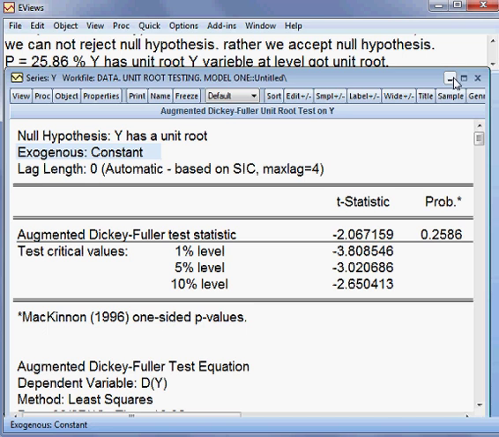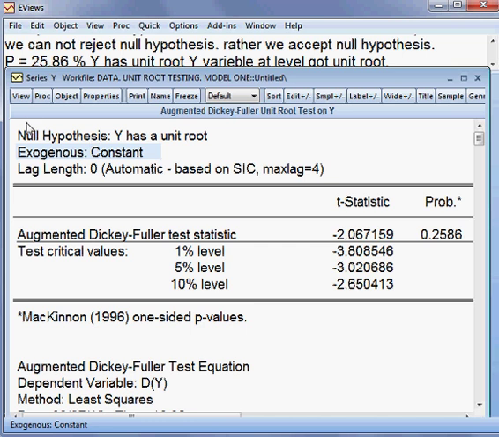Okay, then actually we have three models. First model having constant. Then what is our second model? The second model having trend and constant. That is our second model, trend and constant.